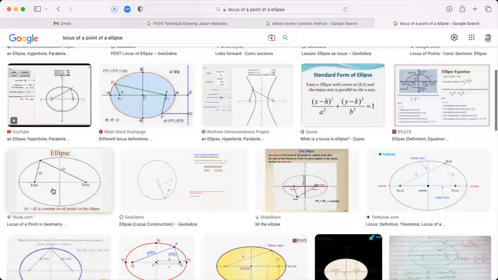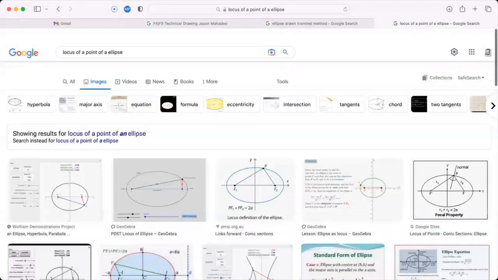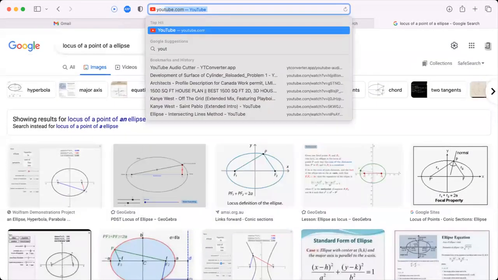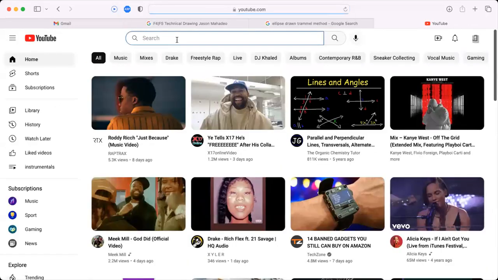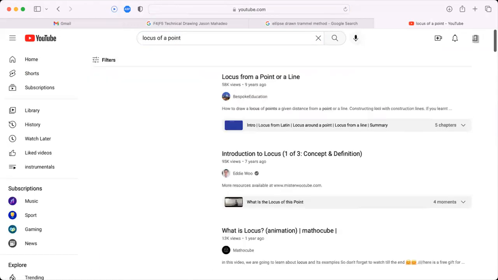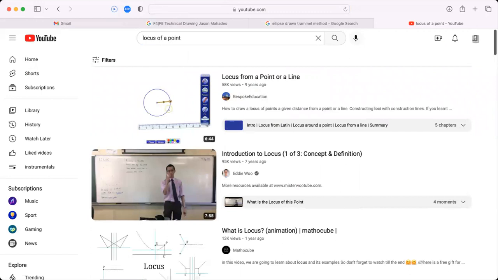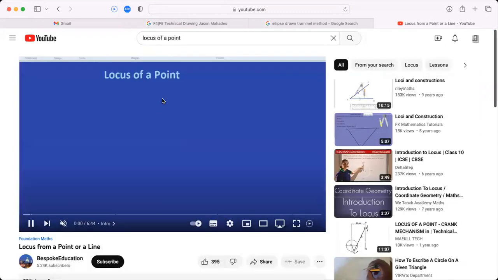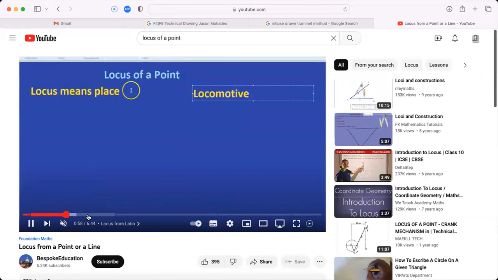Locus of a point is basically a point that, for instance, there's a point on this circle.